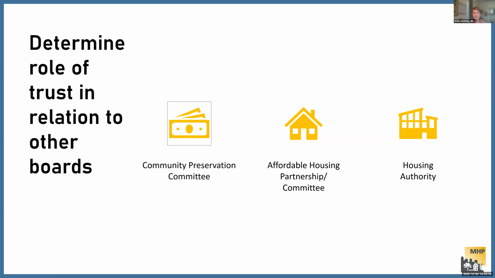And so we actually spent some time working with representatives from each of those boards to talk through what the roles of each of these entities in the community are, so that there's clarity around the roles of each board. And there was some conversation about how those boards can work together collaboratively to move the need for more affordable housing forward in the community. So that's another thing that we could help to facilitate, those conversations locally.